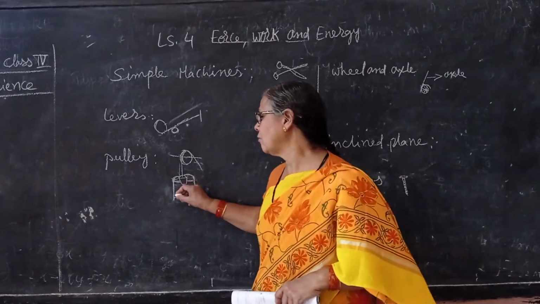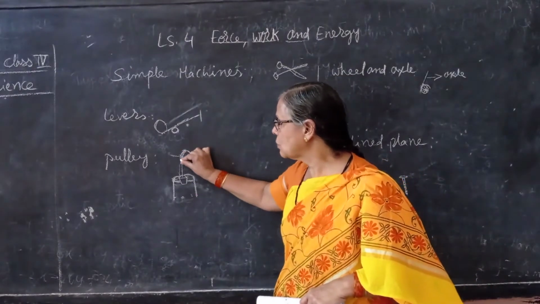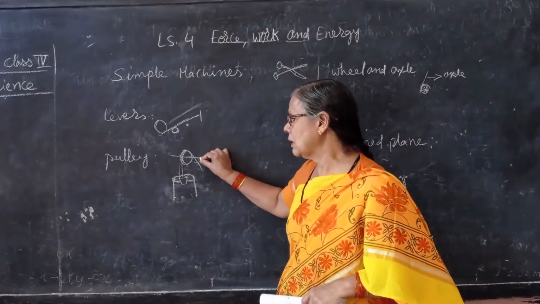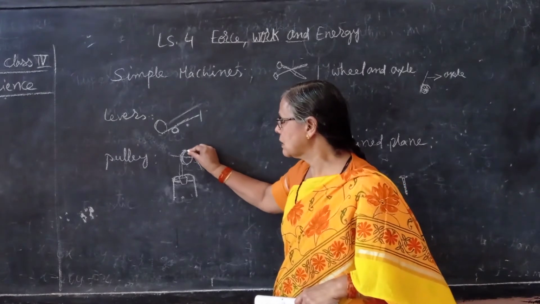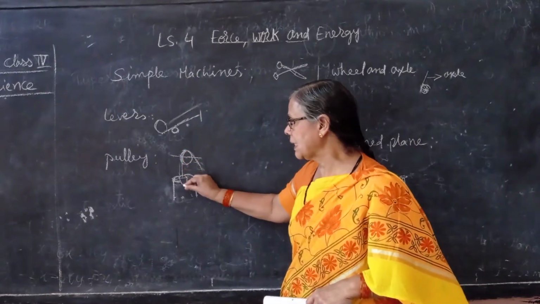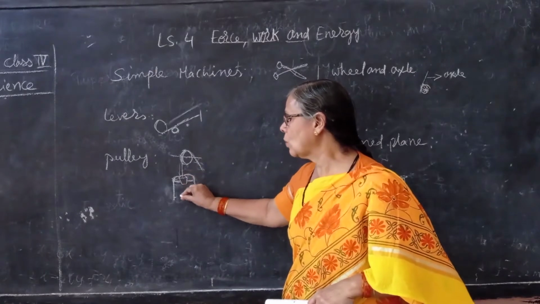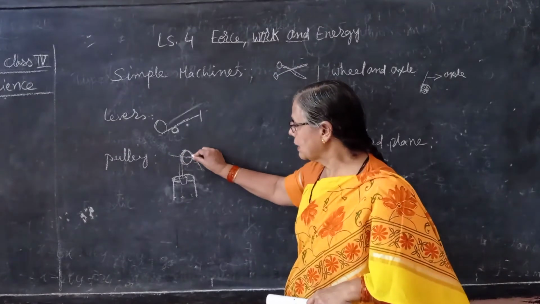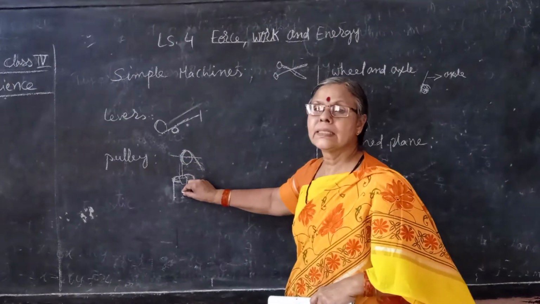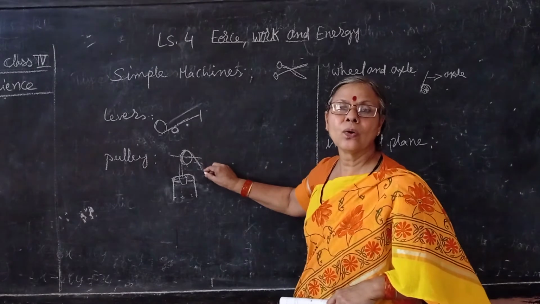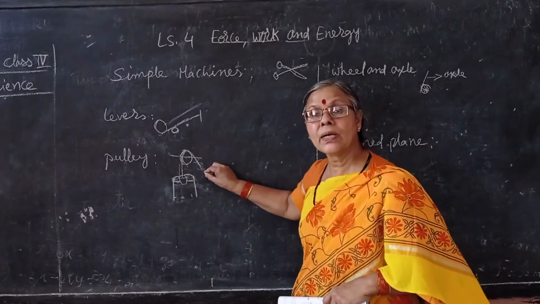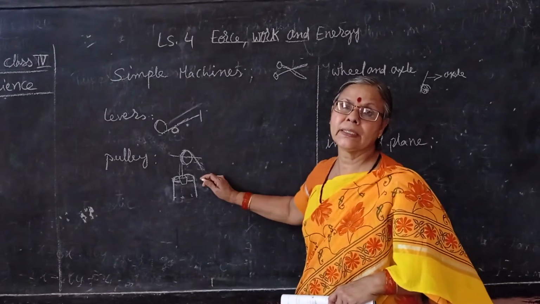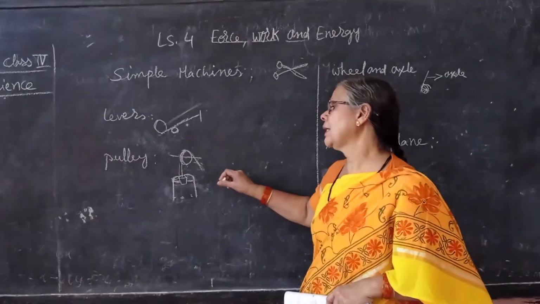No. You will have one technique: this grooved wheel is joined to a rod, and the rope is tied to a bucket and it goes down. When you pull this rope, the bucket can easily come up from the well. To draw water, this machine makes it very easy.